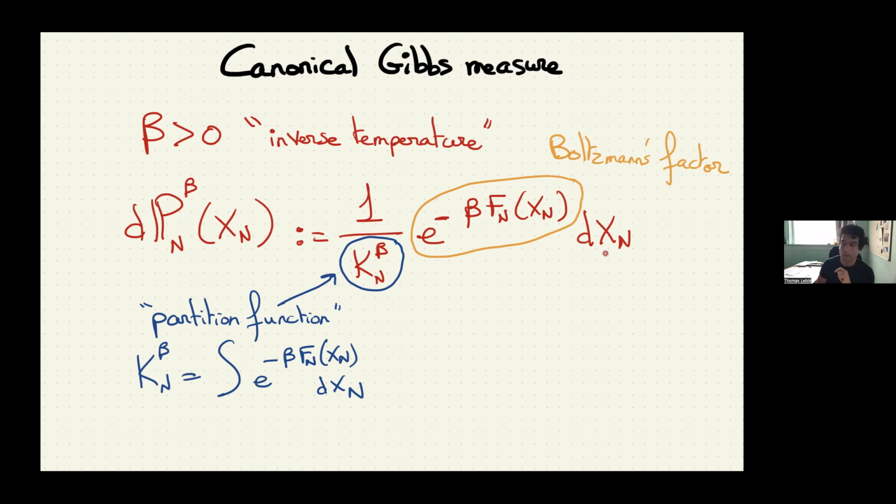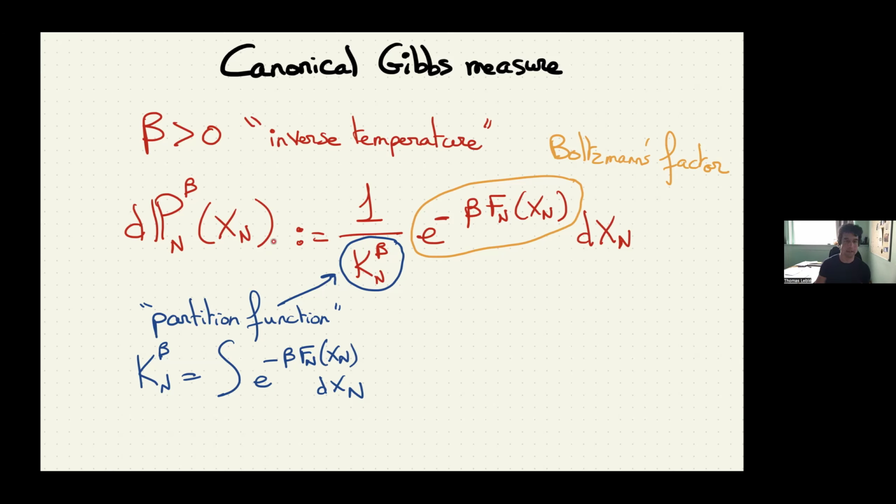This is with the Lebesgue measure on the box tensor N. Okay, so the reference measure, if you want, is just taking all the points uniformly within the disk and independently, and then you have this density that, of course, makes them very much non-independent. And you divide by whatever needs to be here so that this has mass 1. So this is the partition function.